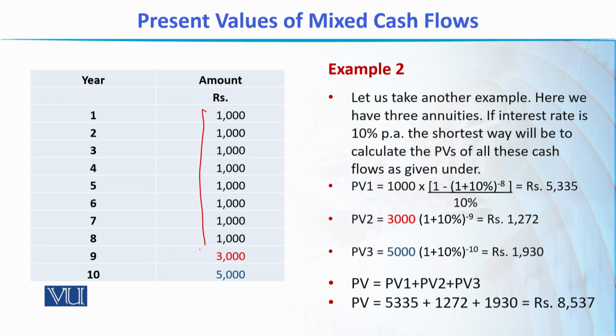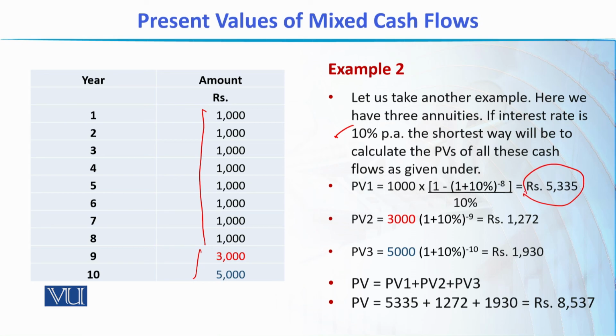And then we have got 2 individual amounts of 3000 and 5000 in the 9th and 10th year. So how can we simplify our calculations in order to get the present value of this mixed cash flow? We have got the same 10% rate of interest. So apply the formula of present value of annuity on the first 8 installments of 1000 rupees. We get the answer which is 5335.